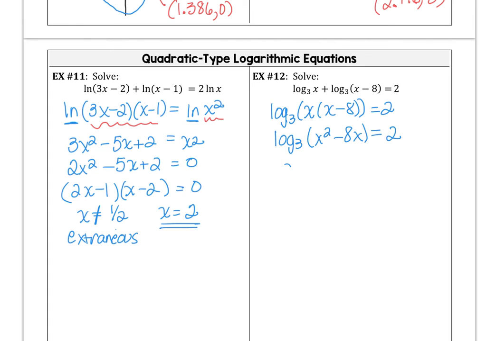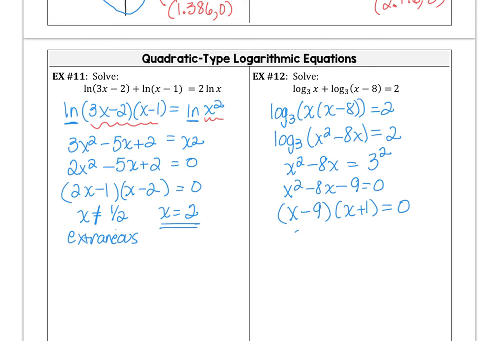And that's true when x squared minus 8x is equal to the base raised to the power 2. So x squared minus 8x minus 9 is equal to 0 when x minus 9 times x plus 1 is equal to 0. x equals 9, go check that.